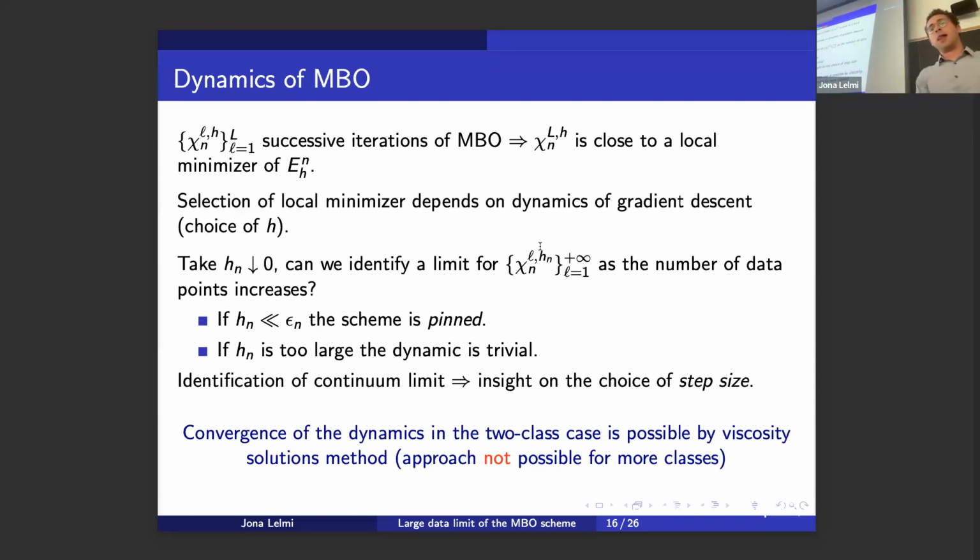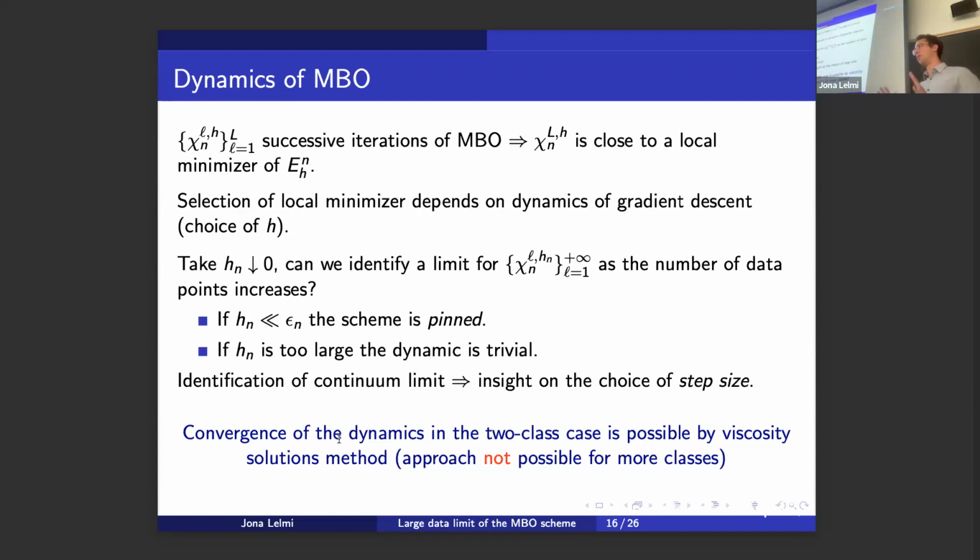This is interesting because, as I was saying before, if the step size is too small, the scheme gets pinned, and if the step size is too large, the scheme becomes trivial. So we study the convergence of these dynamics in the two-class case.